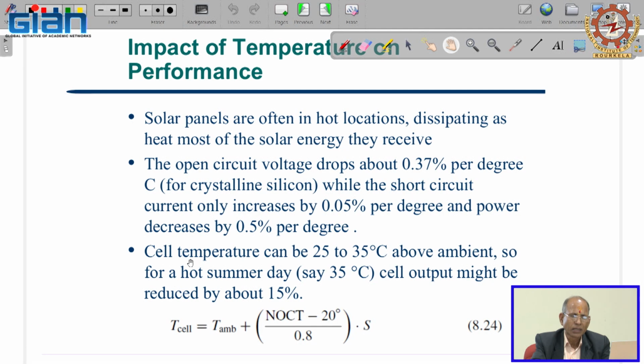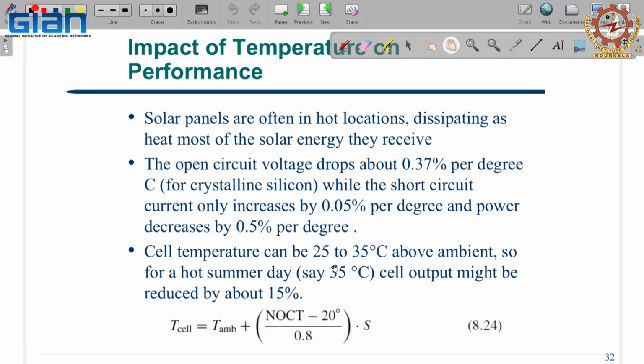Then cell temperature. First we talked about the ambient temperature. The cell temperature can be 25 to 30 degree above your ambient temperature. You have the ambient temperature, then the cell temperature can be 25 to 30 degree higher. So in a hot summer, 35, here hot summer could be close to 50.